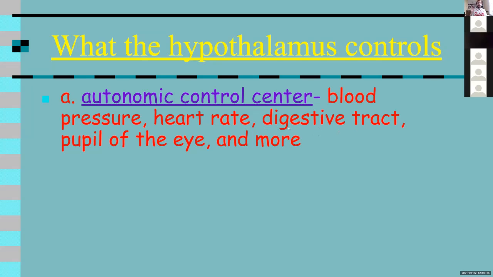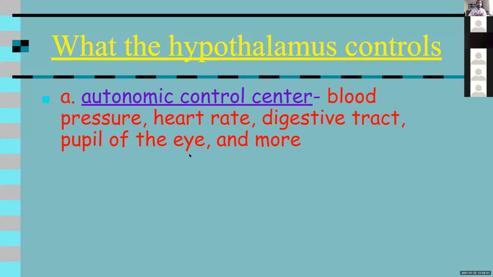So as we eat, our digestive tract has to be stimulated to get the stomach muscles to start moving so that food can get broken up in the stomach and then squeezed out into the intestines. It also controls the intestines, so the intestines will start moving when food has been put into our body. It also starts happening when we get hungry. So the hypothalamus is intimately connected with hunger.